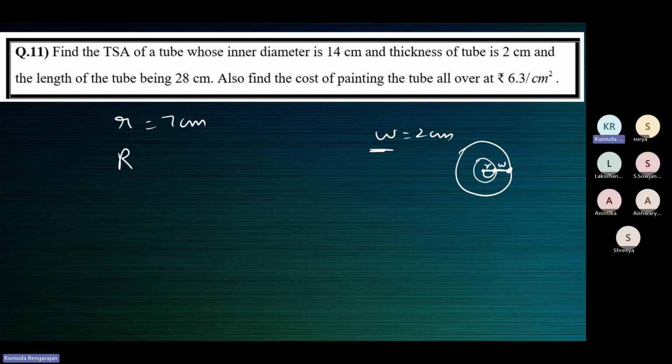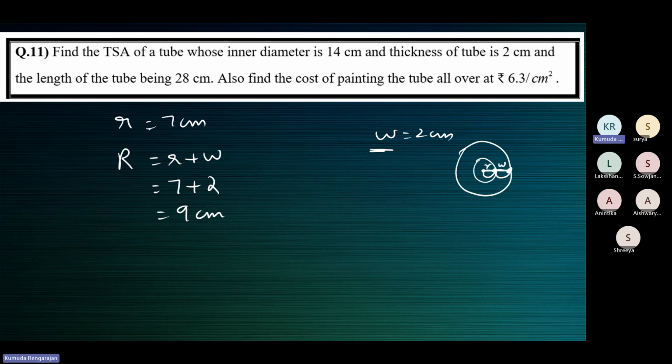Inner radius plus the thickness of the tube. r plus W is equal to capital R. So 7 plus the thickness 2 is 9 centimeters.